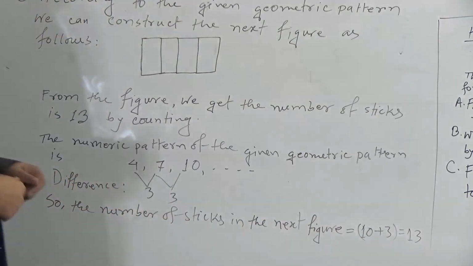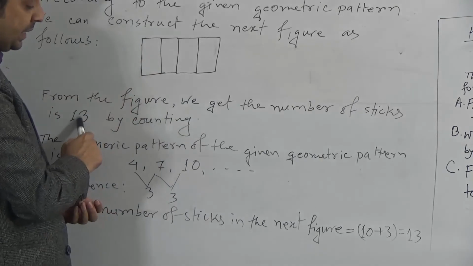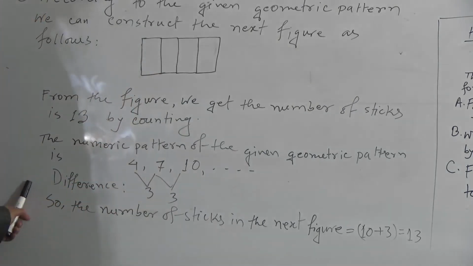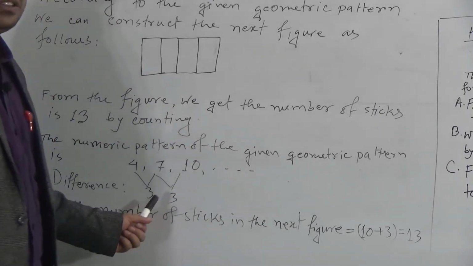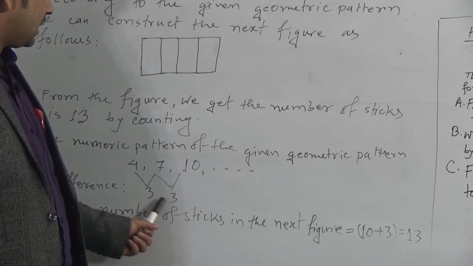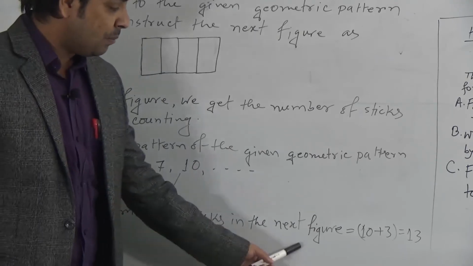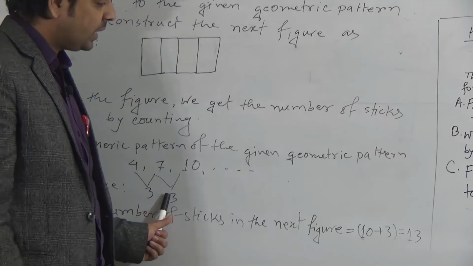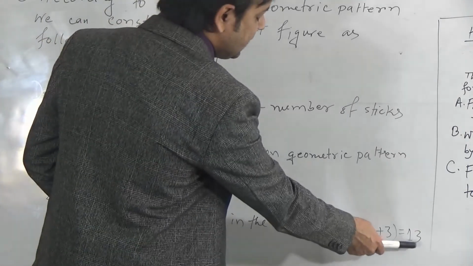We have determined the number of sticks from the figure by counting 13, and from the given geometric pattern we have seen that the difference between two consecutive terms is same. So in the next figure the number of sticks will increase by 3, so we have to add 3 with 10 to get the next number, and that is 13.